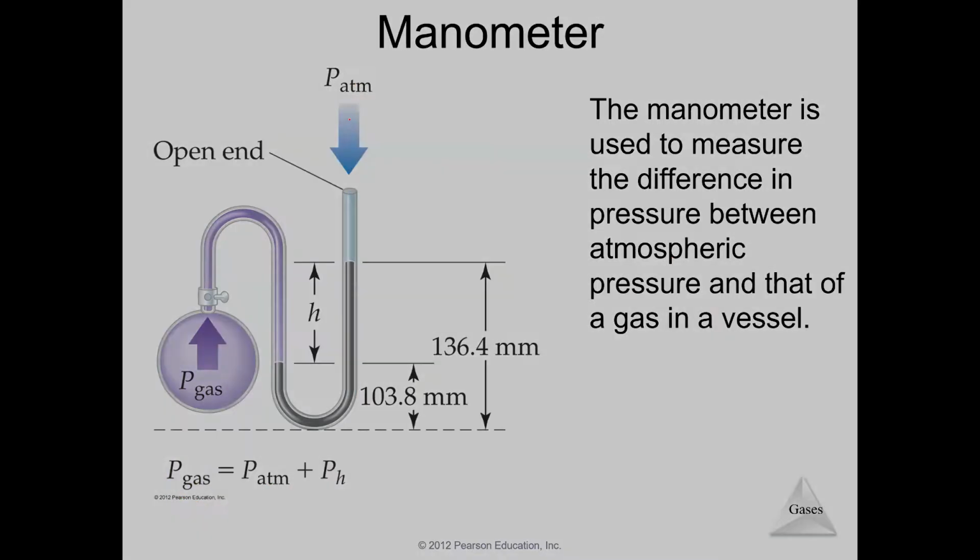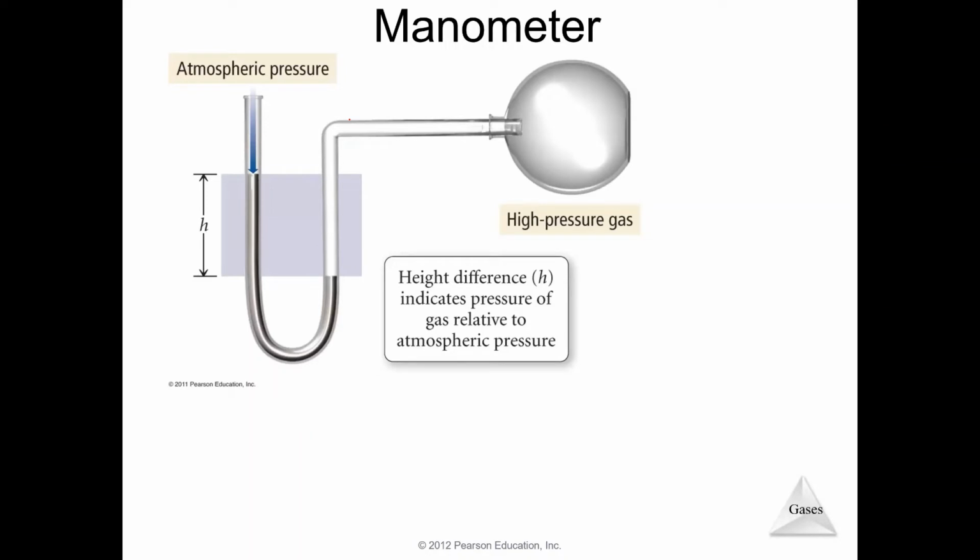Okay. Again, looking at the manometer device here, remember, this is open, right? So the gas pressure pushed this down into the other arm. And the gas pressure is equal to atmospheric pressure plus the height difference.